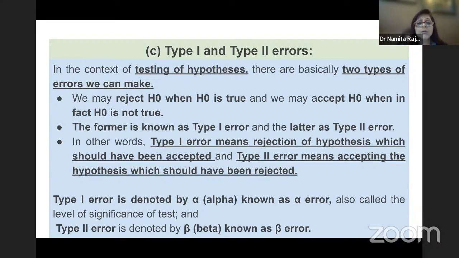The former is known as type 1 error, and the latter is known as type 2 error. Type 1 error means rejection of the hypothesis which should have been accepted, and type 2 error means accepting the hypothesis which should have been rejected. Type 1 error is denoted by alpha and is also called the level of significance of the test, and type 2 is denoted by beta.